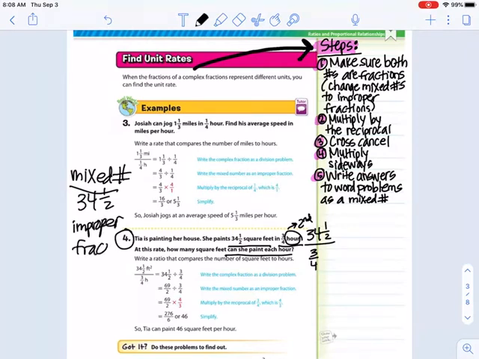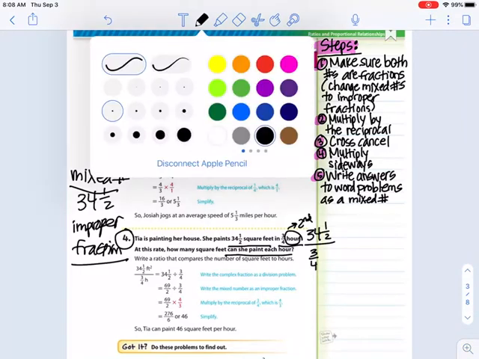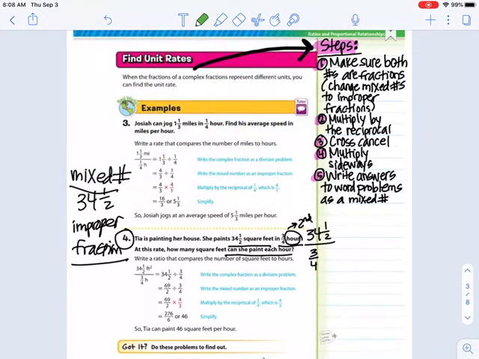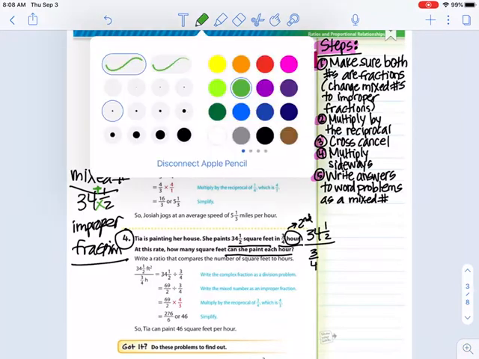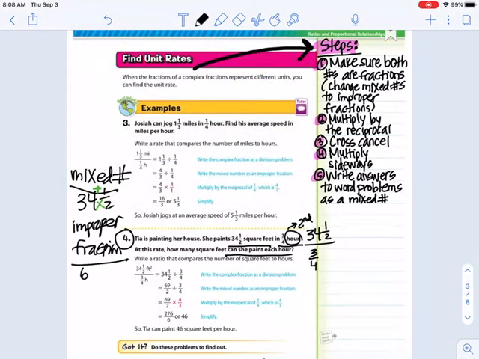To change to an improper fraction, you should remember this from elementary school. You're going to multiply your denominator by your whole number and then add your numerator. So 2 times 34 is 68. Plus 1 is 69. So my improper fraction will be 69 over, and whatever your denominator was from your mixed number, it'll stay the same, so 69 over 2.